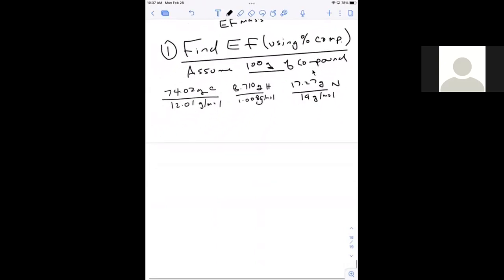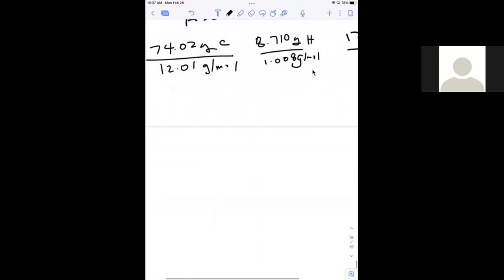All right, anybody got the first one? 74.02 divided by 12.01. I got 6.16 moles of carbon.